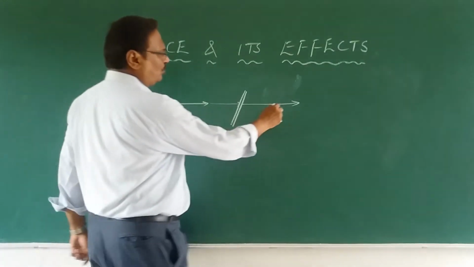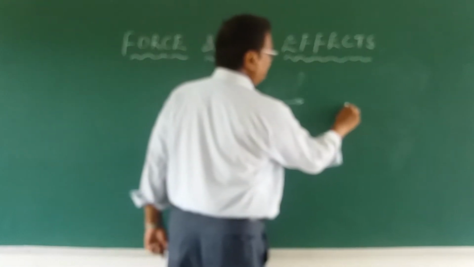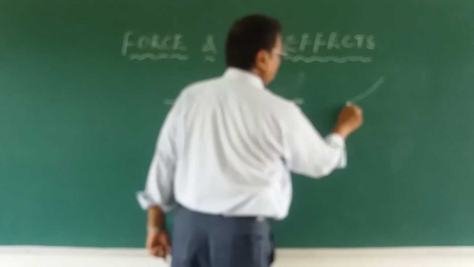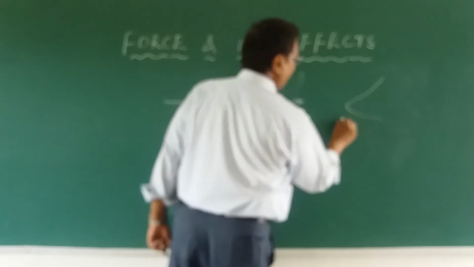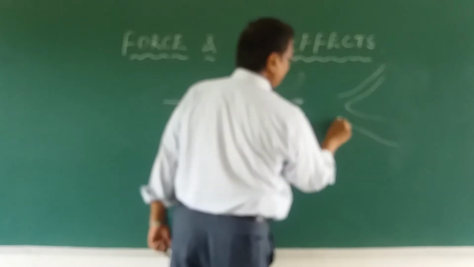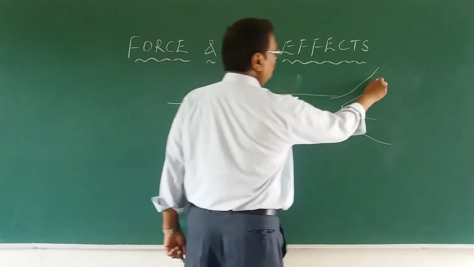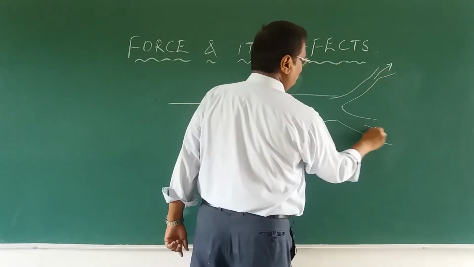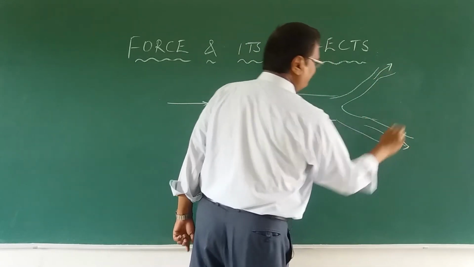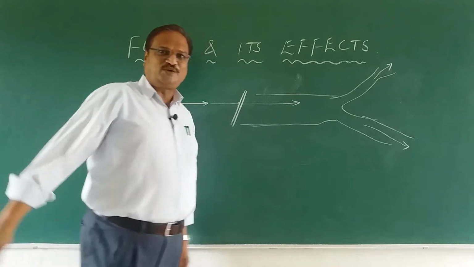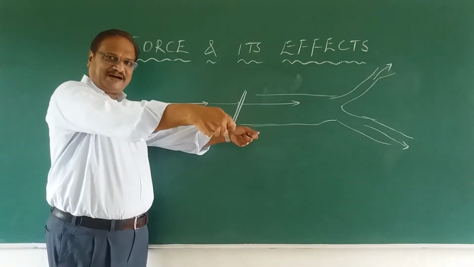Suppose I wanted to go like this and there is a road branch coming like this. Let us say, like this and like this. This is the main road coming, and this is going to your village and this is going to some other place. You want to go here. So what will you do? The cycle handlebar is there.